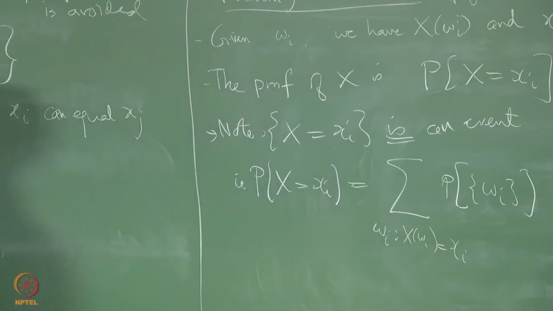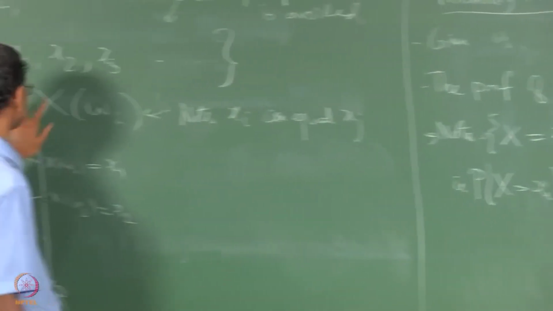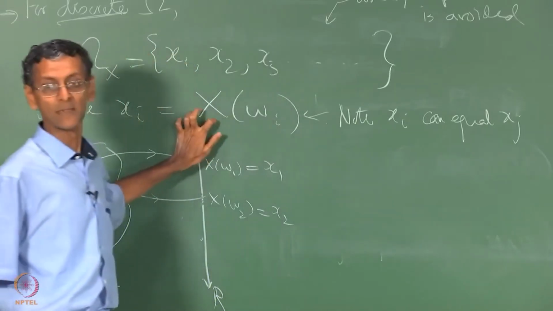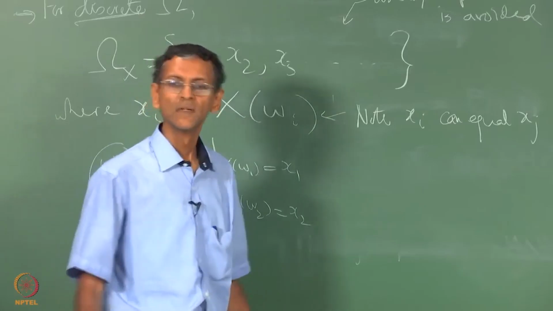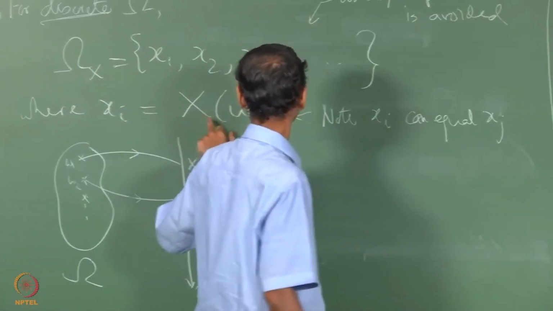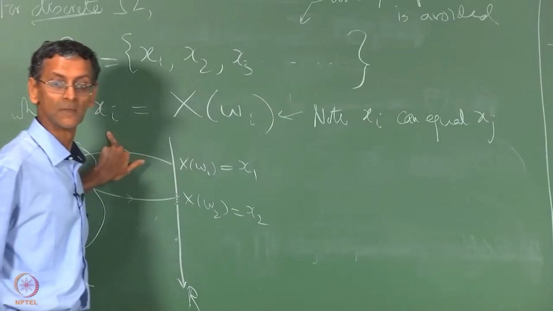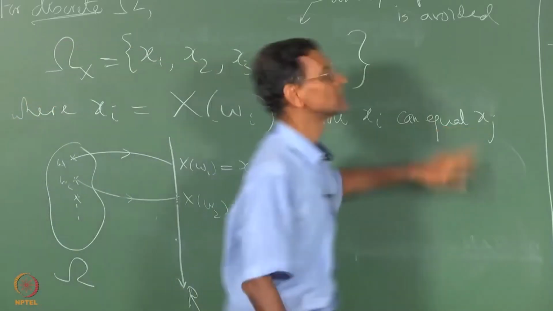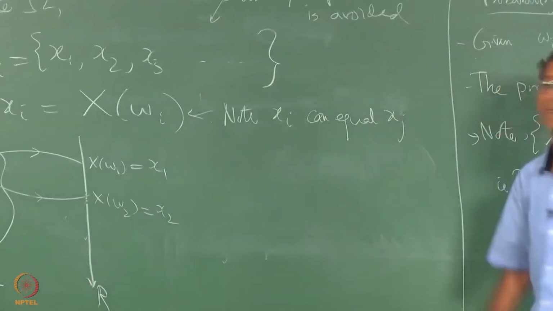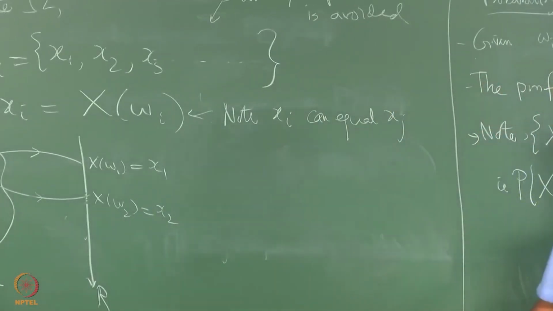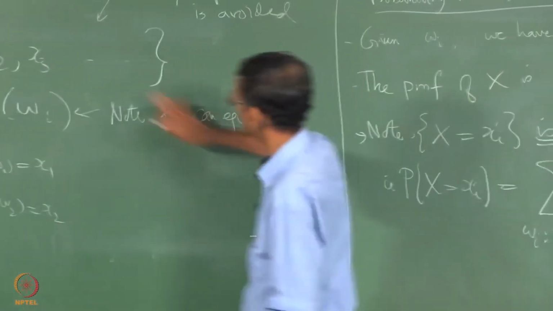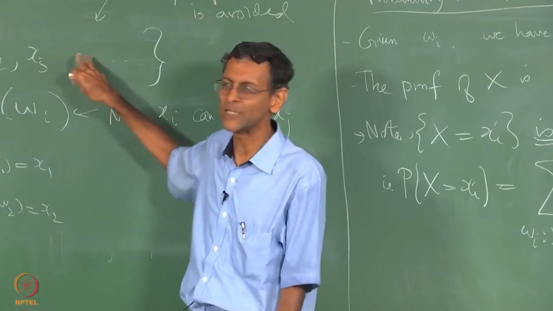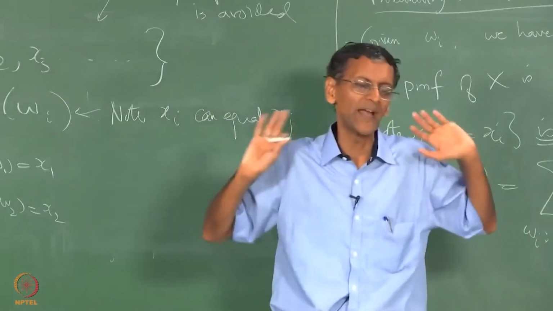You can always go back to this, that for every omega i there is always one unique xi. And of course keep in mind that you can have this kind of thing also. Once you are ready with this, this is only written for convenience in some sense. You do not really need to worry about, oh my god, what is my omega x for this experiment.